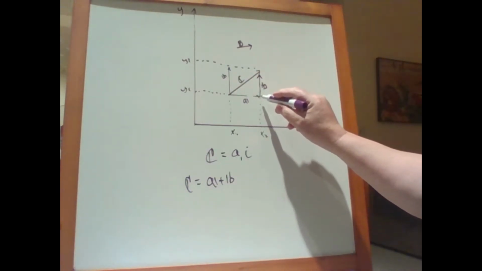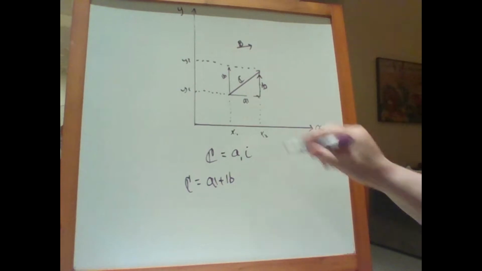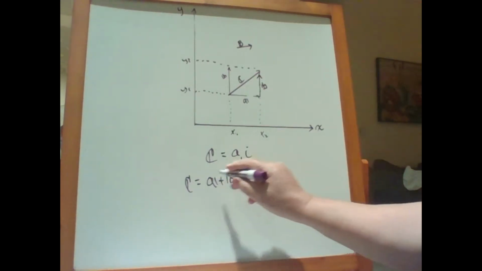And we put the tail of B on the end of A to add them. So that's how we add vectors.